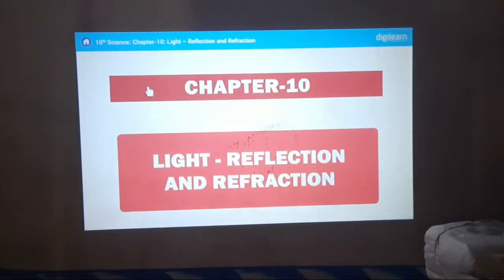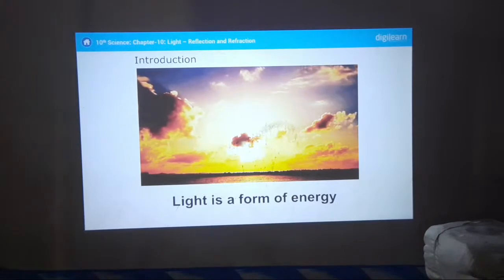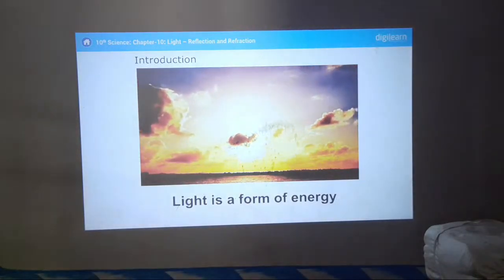Chapter 10, Light, Reflection and Refraction. Introduction. Light is a form of energy. It induces the sensation of vision to our eyes.